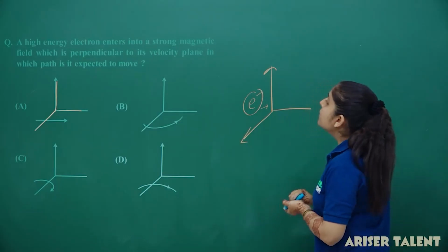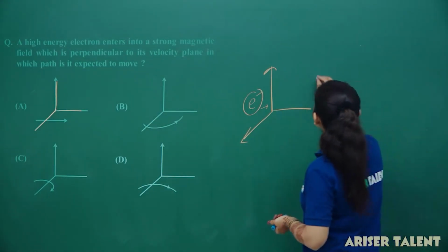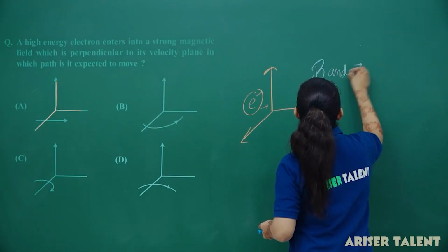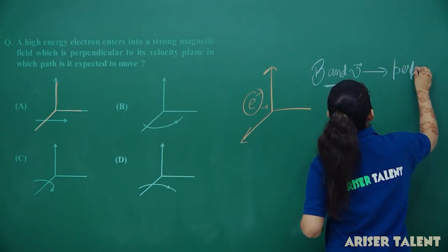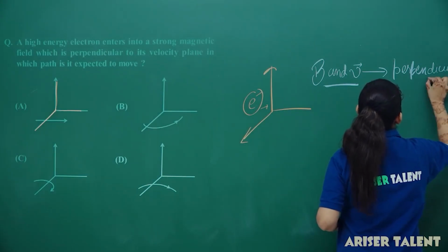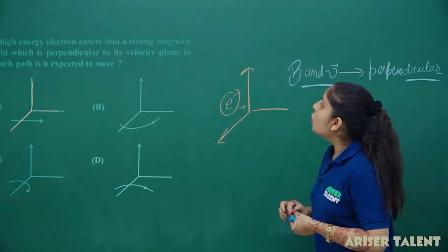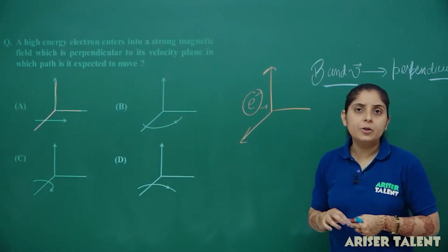We can see that the magnetic field is perpendicular to the velocity. It means the magnetic field is denoted by B and the velocity by V. These both are perpendicular to each other. You have to identify in which path it is expected to move.